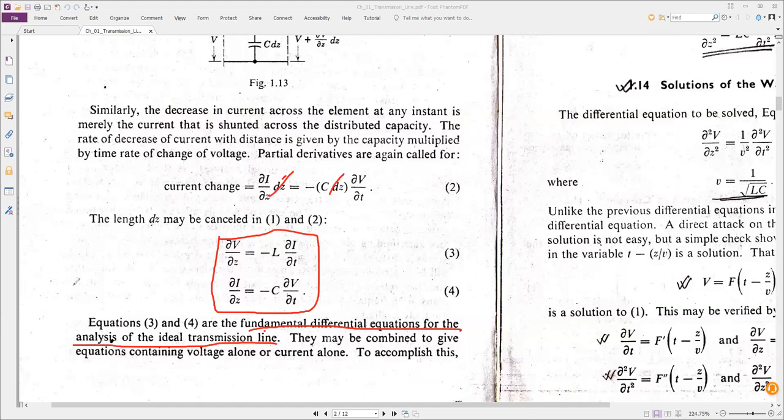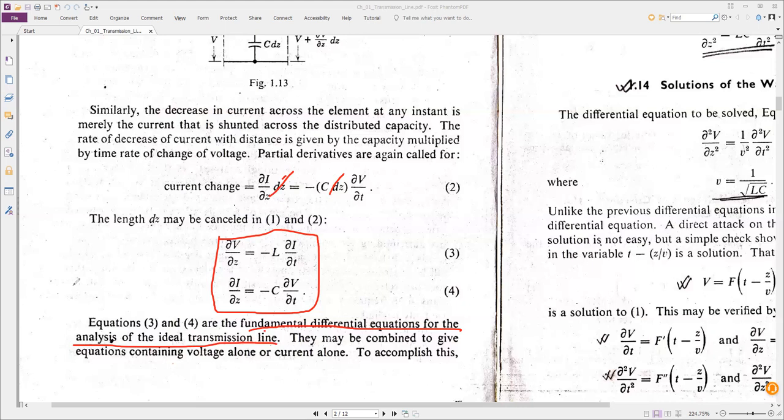They are also known as the telegraphist equations.